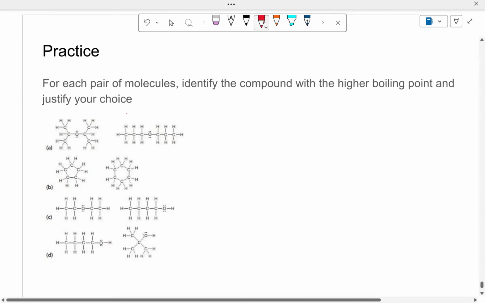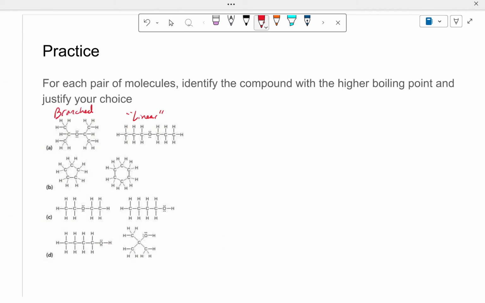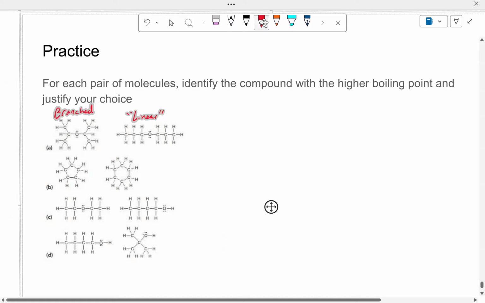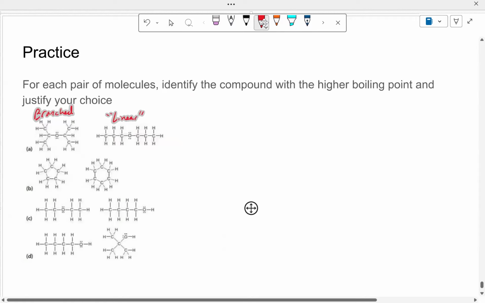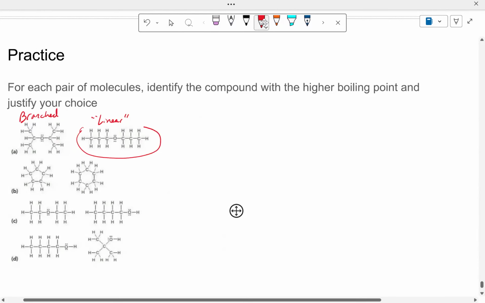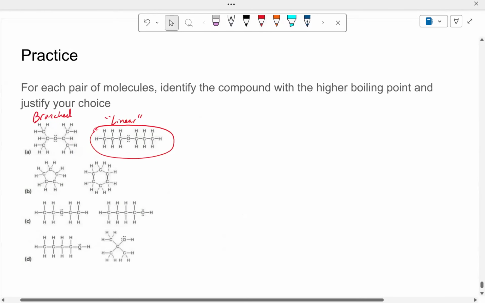Well, this one is linear, not molecular shape, but in a straight line is what I mean. And this one is branched. So these are constitutional isomers. The rule of thumb between constitutional isomers is that the branched one will have a lower boiling point. The one that is straighter with less branching will have the higher boiling point.